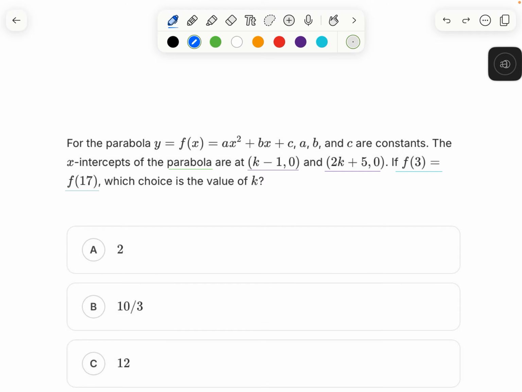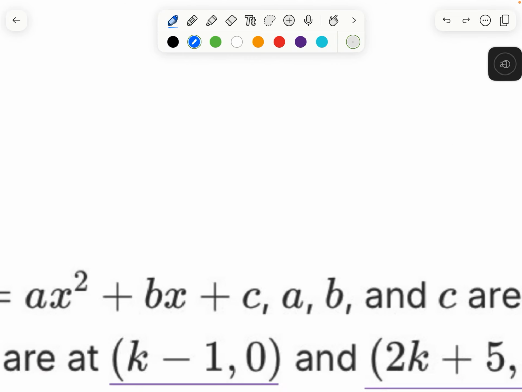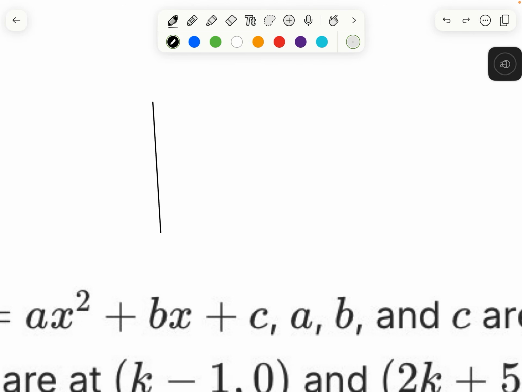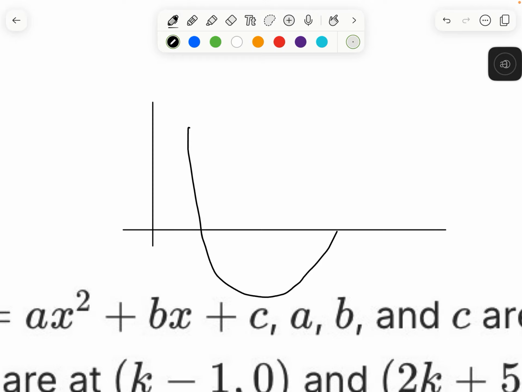Well, the key is to realize that this is a parabola. If you draw a parabola for a second, and this is not going to be accurate because I actually don't know what the parabola looks like, but let's say it was something like this.